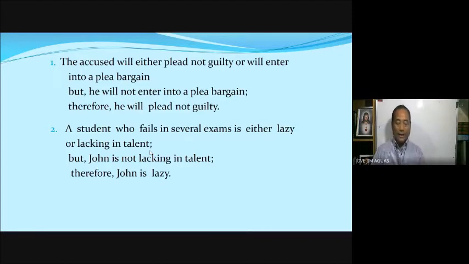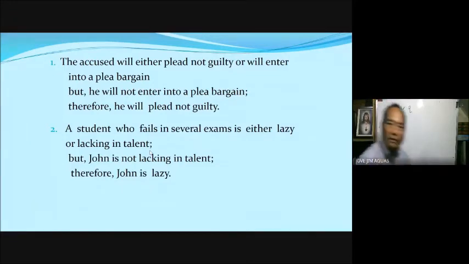The accused will either plead not guilty, P, or will enter into a plea bargain, Q. But he will not enter into a plea bargain, meaning not Q. Therefore, he will plead not guilty. So that is a disjunctive.